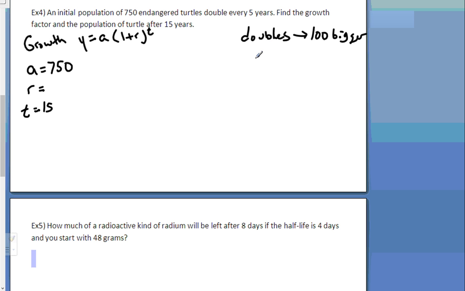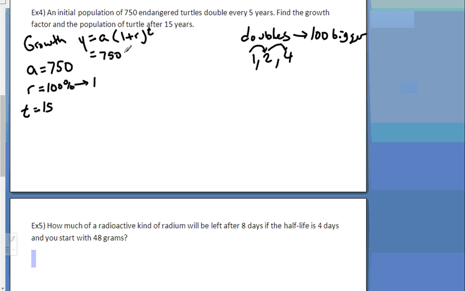So think for example, if something doubles, it starts from 1, then it goes to 2, then it doubles and it goes to 4. How does 1 become 2? By getting 100% bigger. How does 2 become 4? By getting 100% bigger. So when something doubles, the rate is actually 100%. Or if you turn that into a decimal, 1. Not 0.1.